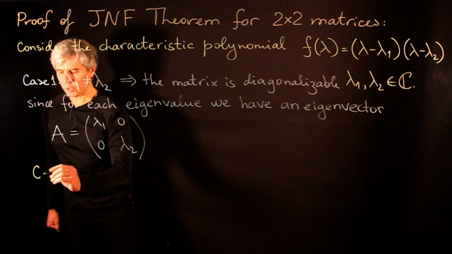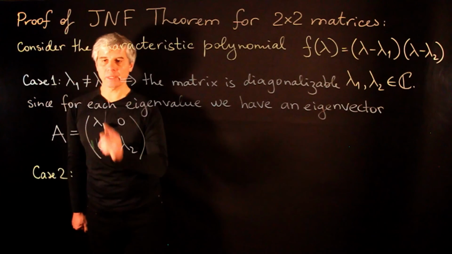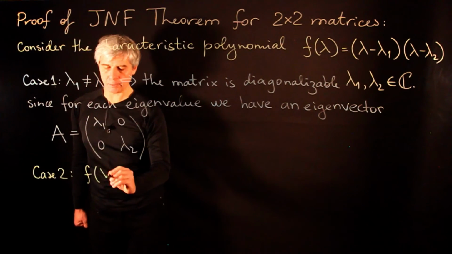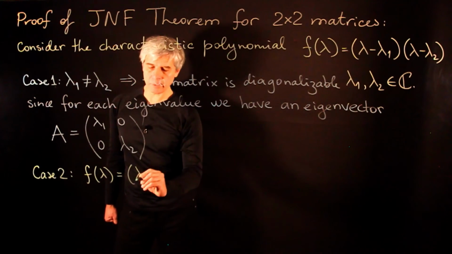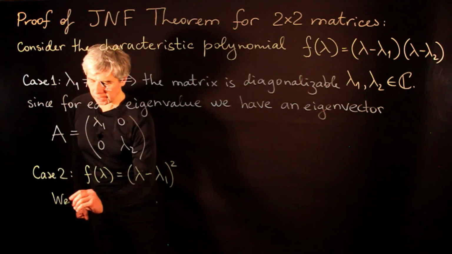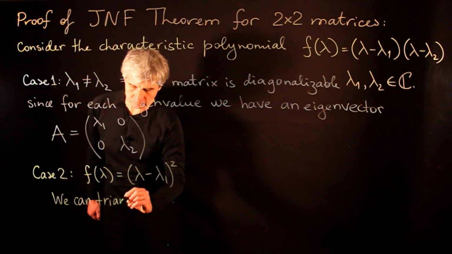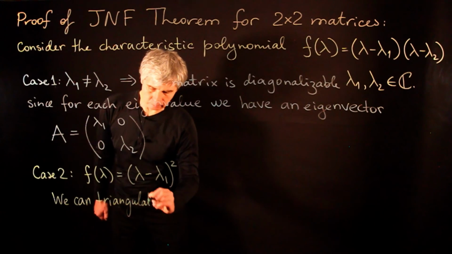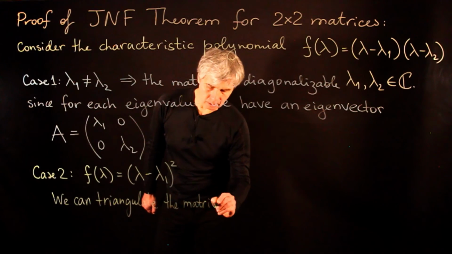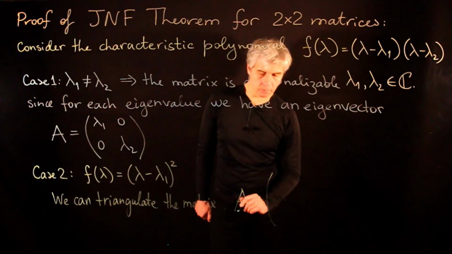The case which is more interesting for us is when lambda 1 is equal to lambda 2. So we assume that f of lambda is equal to lambda minus lambda 1 squared. In this case, we can triangulate the matrix. And we assume that our triangulated matrix looks in the following way.